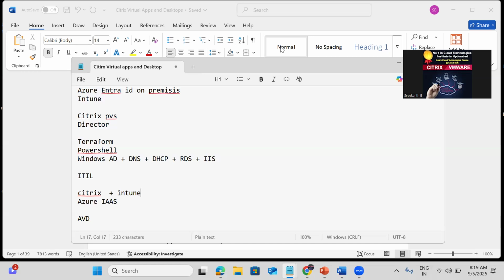Okay. So Azure wise, if you have Azure IaaS, then we can understand AVD easily. Some people teach Azure AVD also, but you won't understand it without having the Azure basics. Because VMs, VNet, load balancers, all those we also need knowledge of before starting AVD.